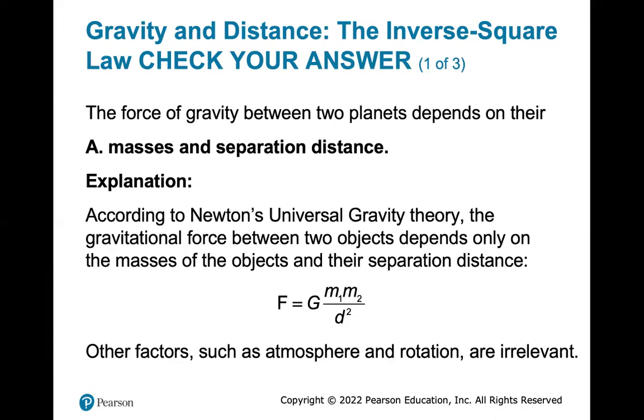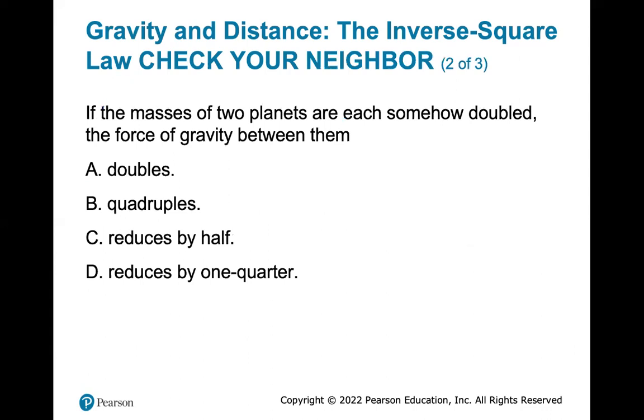According to Newton's universal gravity theory, the gravitational force between two objects depends only on the masses of the objects and their separation distance. Other factors such as atmosphere and rotation are irrelevant. They don't count.